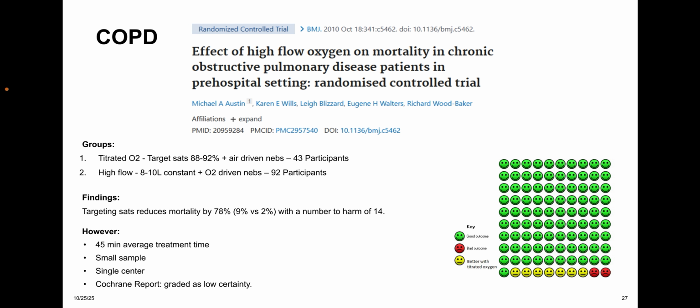So on average, these patients were treated with high-flow oxygen for 45 minutes. This isn't reflective of the normal of us trying to nebulize a patient for 6+ minutes. There are also relatively small sample sizes. This was a single center study, and the Cochrane report did grade this as low certainty evidence.